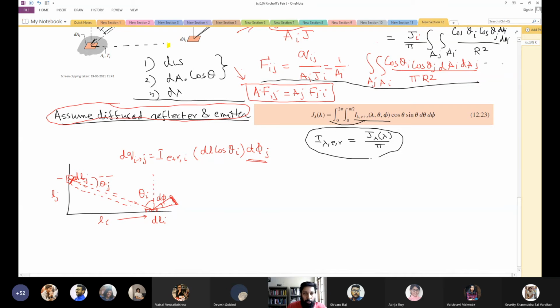So the relation between this angle and this projection of dlj is dlj cos theta j, that is, the arc divided by r equals d phi j. Agreed?